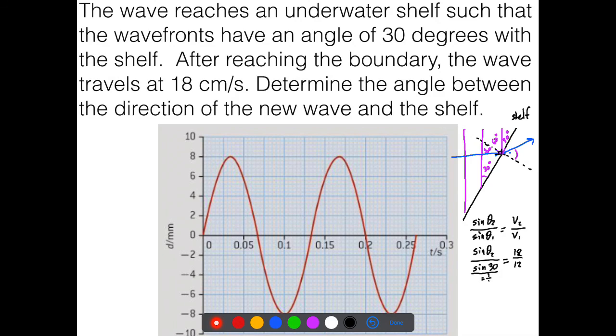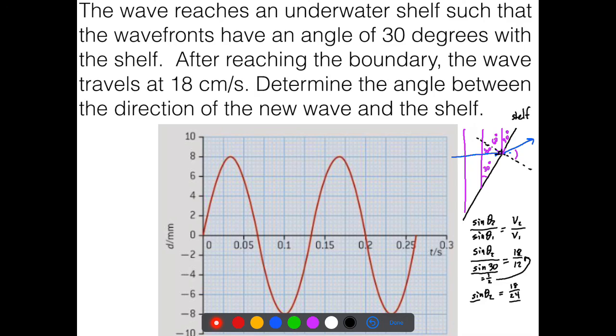The sine of 30 is 1/2. You can check that on your calculator. You can do your right-hand triangle, whatever you need to do. So I'm going to multiply both sides by 1/2, which is going to give me sine of theta 2 equals, if I bring the 1/2 over, 18/24 now. And then I'm going to do the inverse sine of both sides, or you could probably do some type of solve, I think.